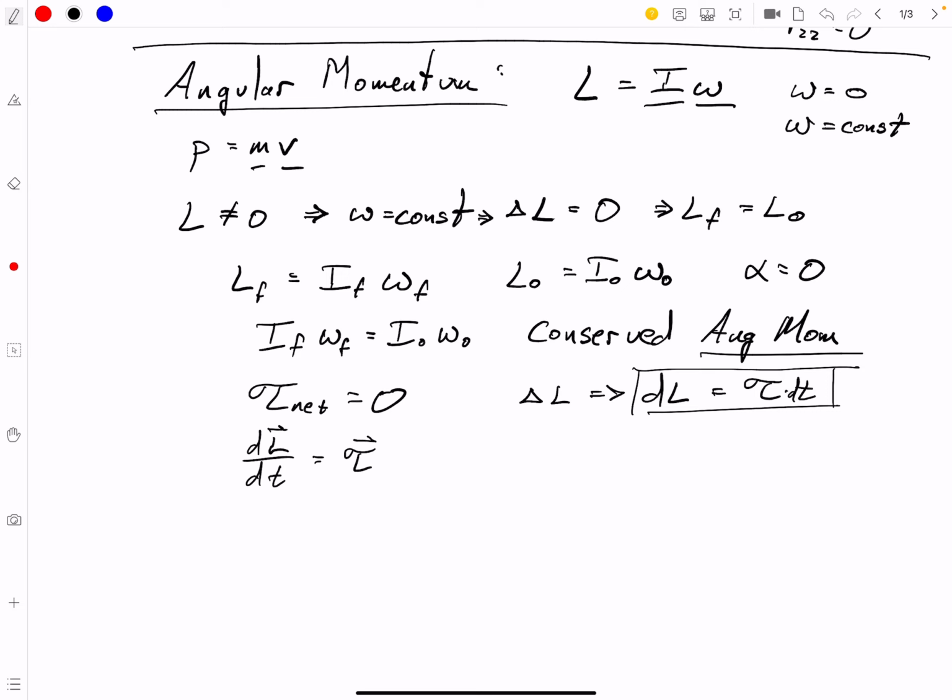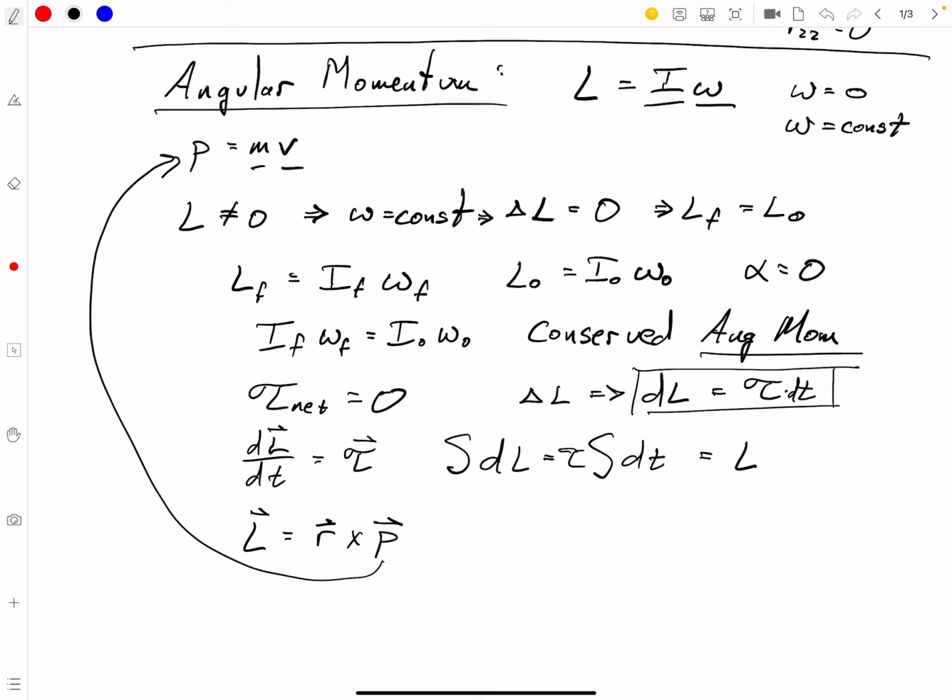So angular momentum you can come up with by doing the integral of those two integrals. And so that's one way of getting it. L is also equal to your radius cross your momentum, which is this momentum right here.